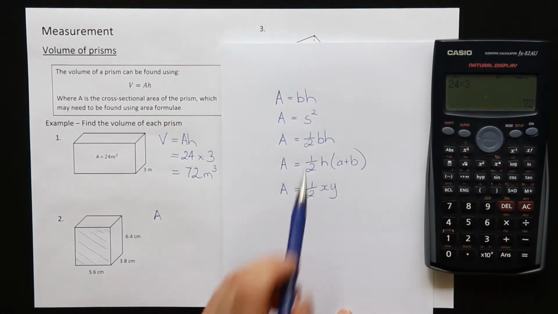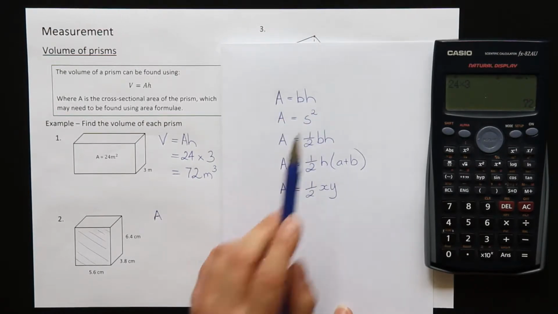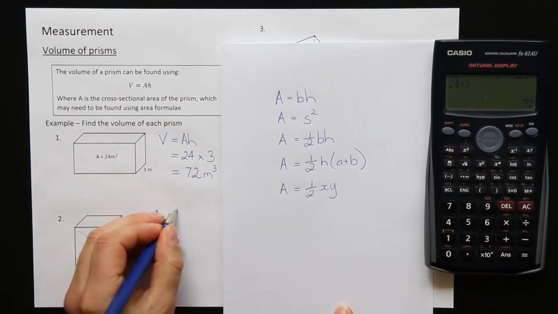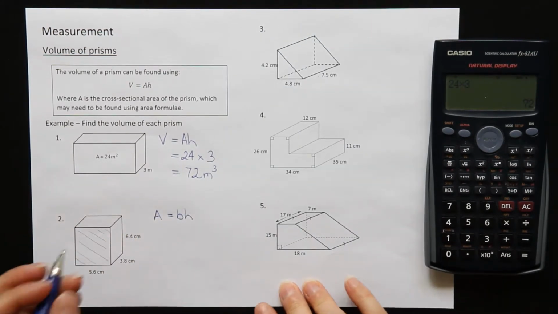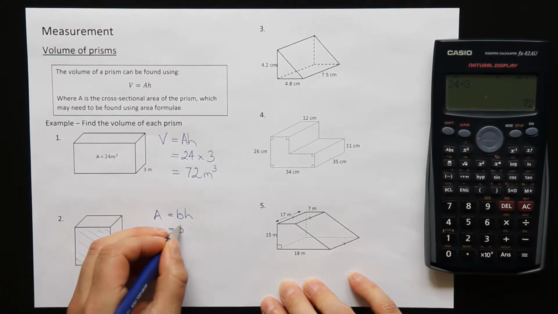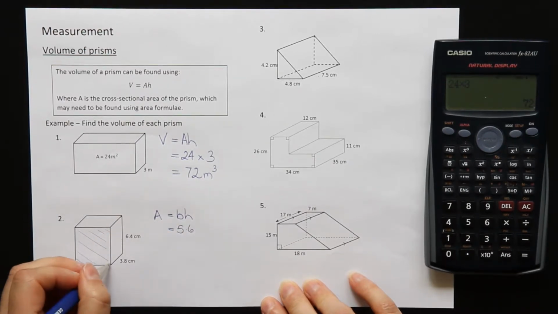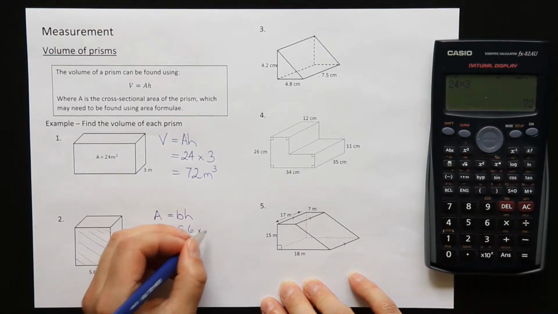So the rectangle formula is this one, A is equal to BH. So the base of this rectangle is 5.6, and the height, it's not this one, the height is actually that one, 6.4.